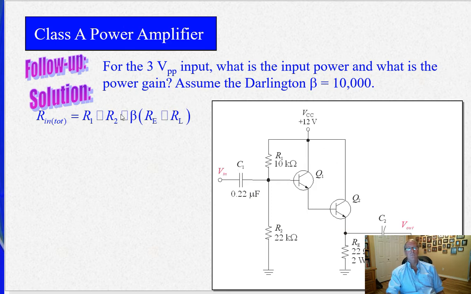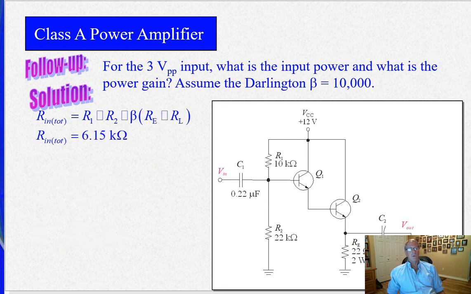And then you have to put beta in here because basically the increase in current results in a scaling of the input resistance as seen here through the transistors. Looking at the emitter and load resistor, you have to scale it by beta.